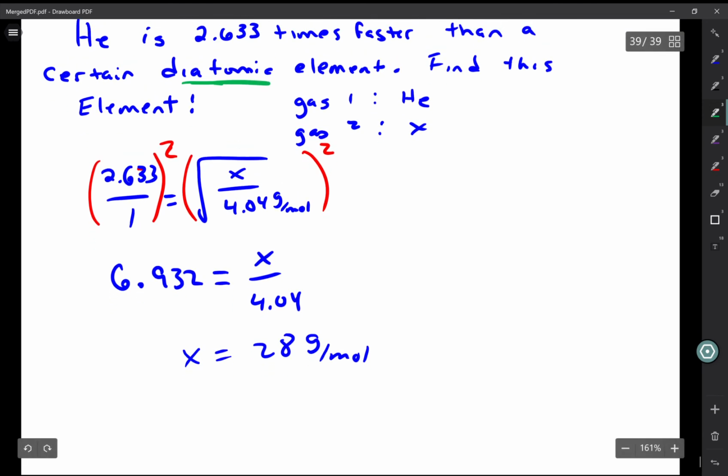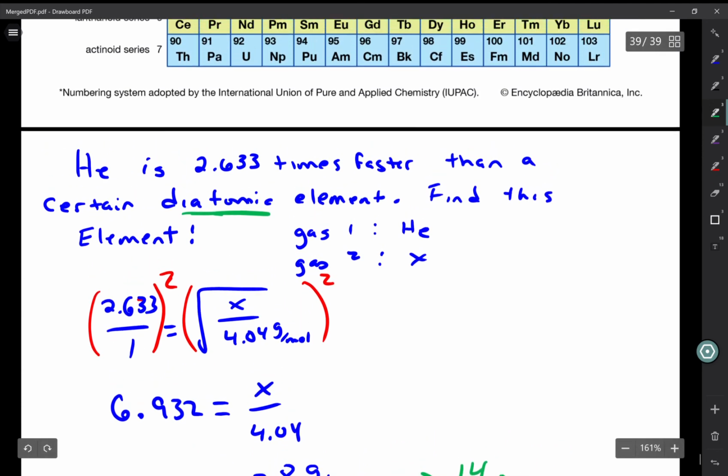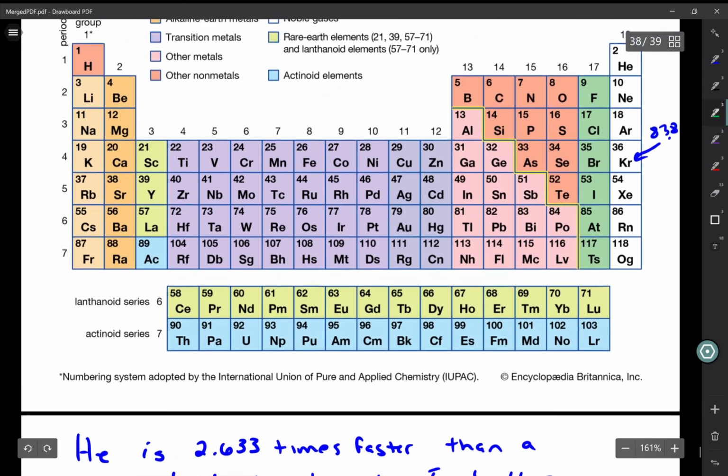So that means we need to take this and divide by 2, because you have 2 atoms. So that gets you 14 grams per mole. Now get your periodic table and look up what element, just a single element, has a mass of 14 grams per mole. Not 28, but 14.